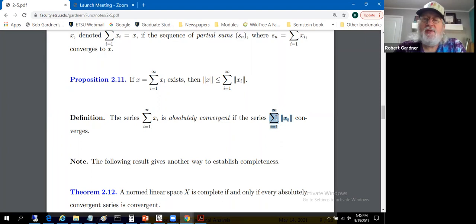The beauty of this little statement here is that it's a positive term series. By the way, after calculus 2, you know a lot of stuff about positive term series. You can test them for convergence or divergence. You've got ratio tests and root tests and integral tests. All those things were tests for positive term series. And remember, a positive term series has no negative terms.